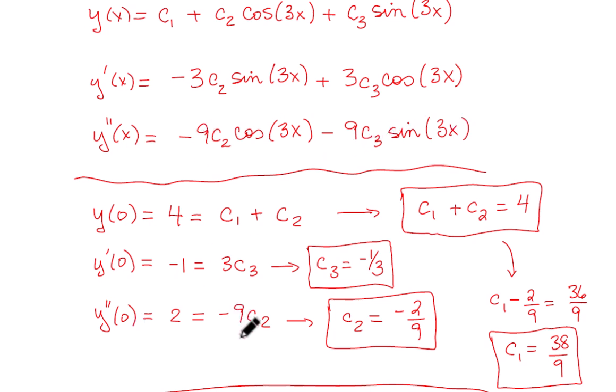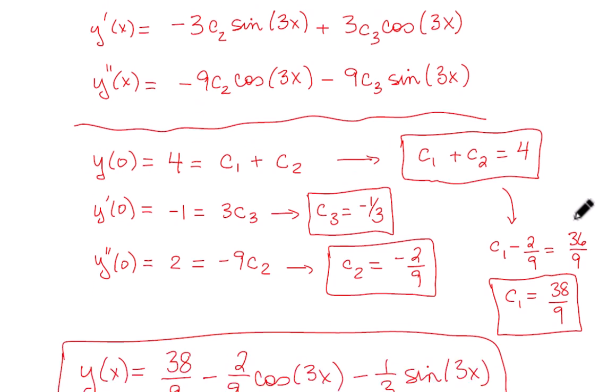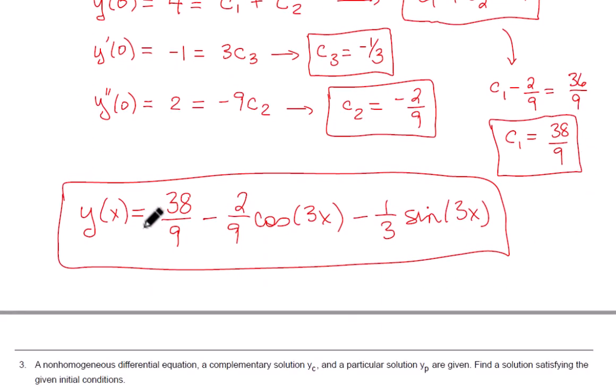I get minus 9c2, and so c2 is minus 2/9. And if I plug that back in to my first relationship, I get that c1 is 38/9. So my general solution for this third order constant coefficient homogeneous differential equation looks like that.